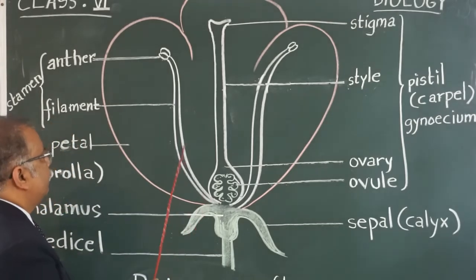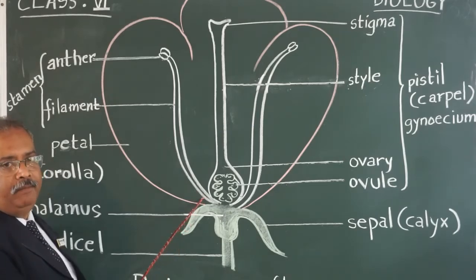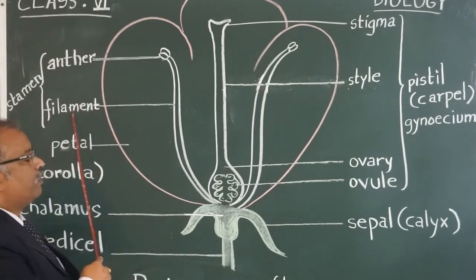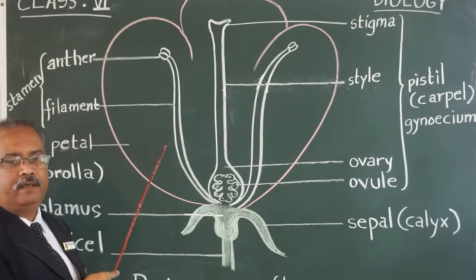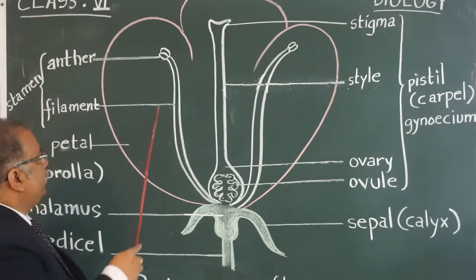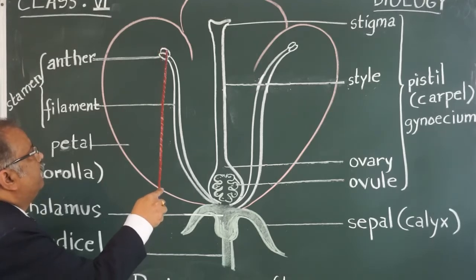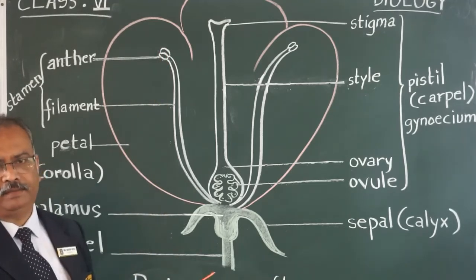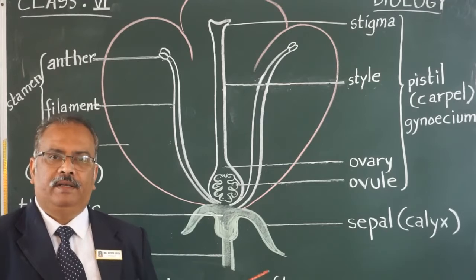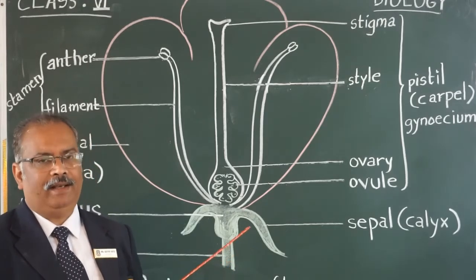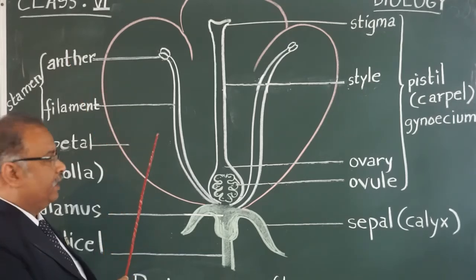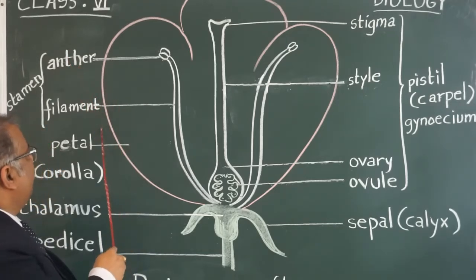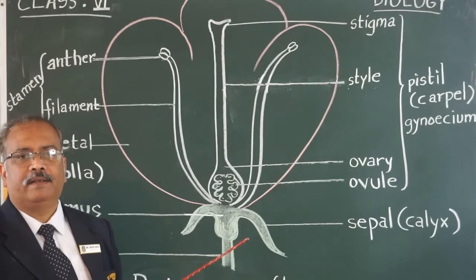So this tube-like structure which you see is part of the stamen, and this is called the filament. On the tip of the filament you will see this sac-like structure. It's a bilobed, sac-like structure, and we call it the anther. So anther and filament together make the stamen.